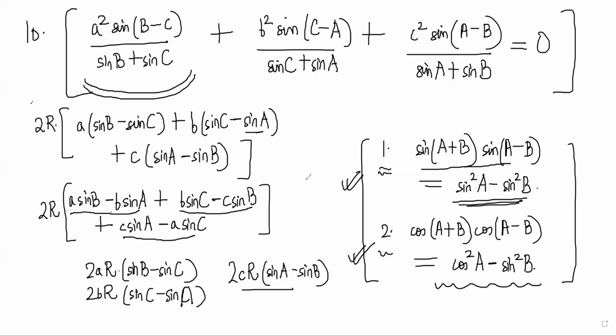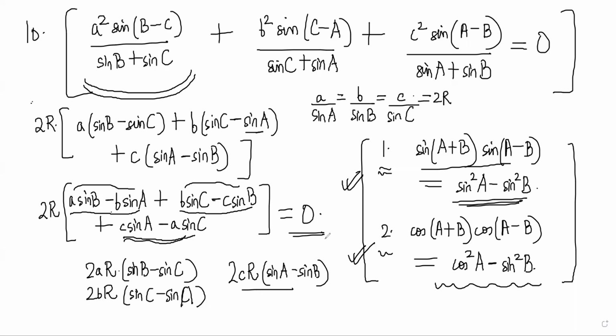Obviously, it is zero by the sine rule. You can cross multiply and get equal. This part is zero, this part is zero, this part is zero. So the answer is zero.